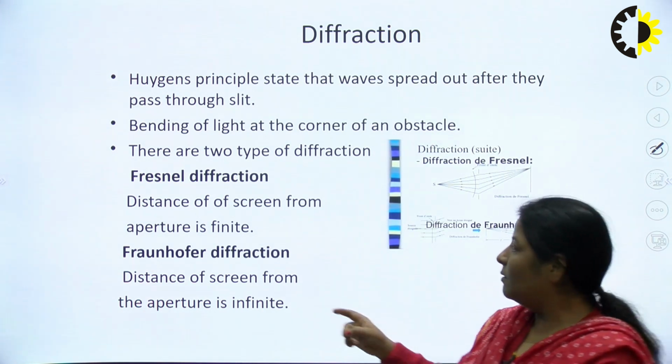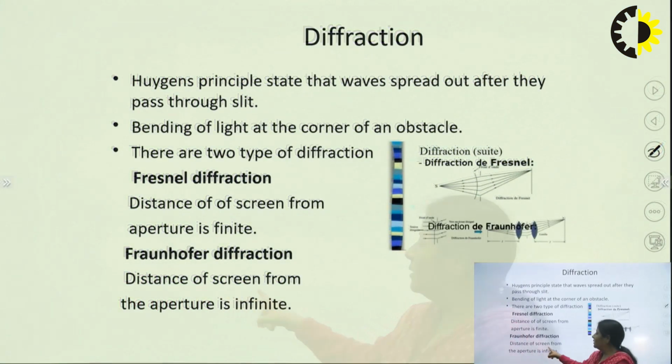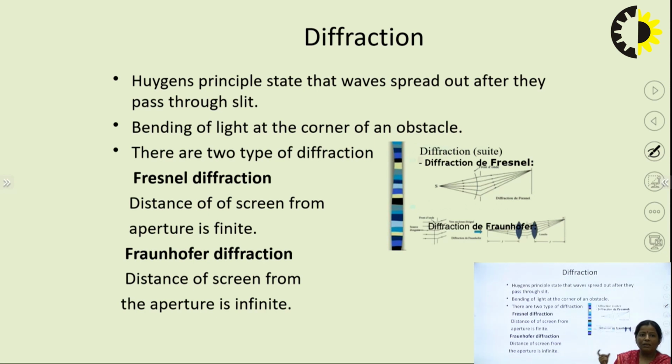Whereas in Fraunhofer diffraction, the distances of the source and the screen are infinite. We will be talking about the Fraunhofer diffraction type in this entire syllabus of engineering physics. The diffraction which we talk about is the Fraunhofer diffraction, all right.